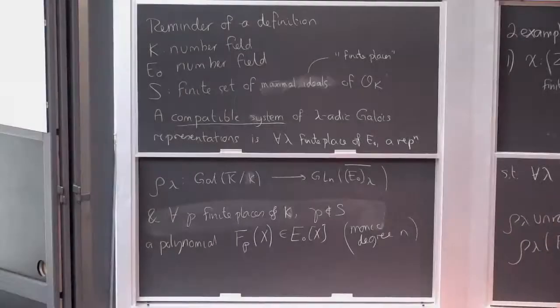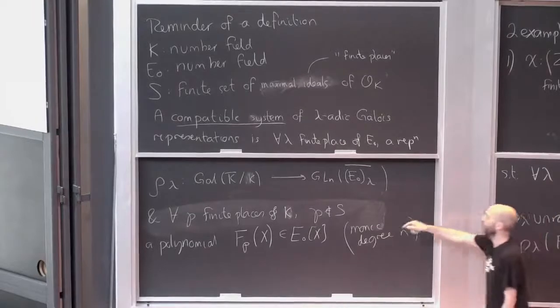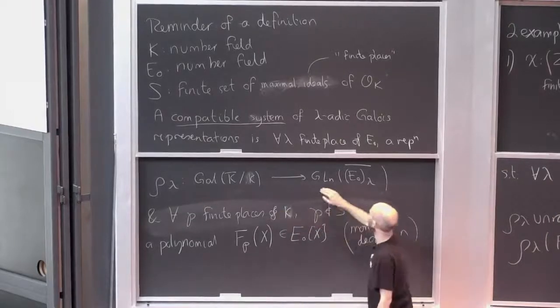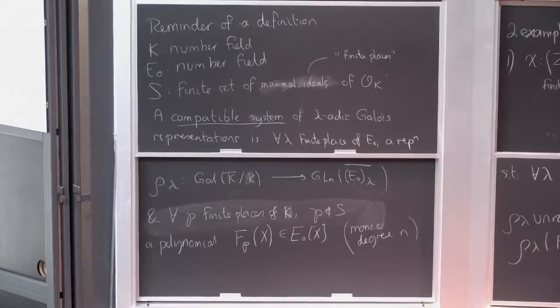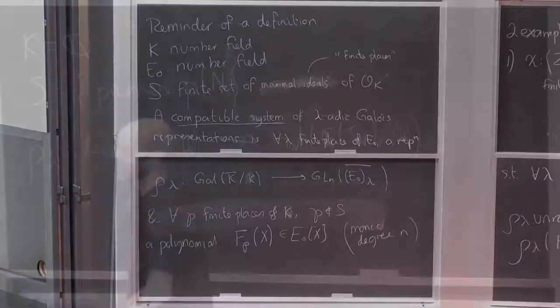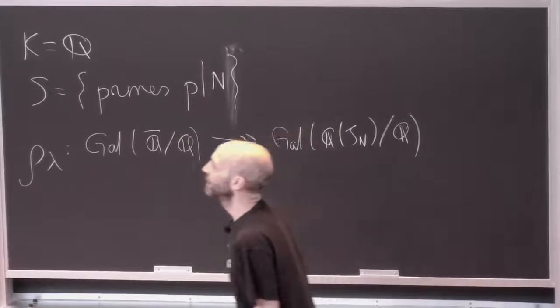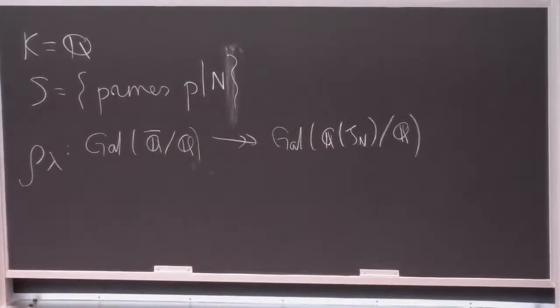And I've tried to be really, really careful in this course to call all my local and global fields whose Galois groups we're considering Ks, and all the number fields Es, because I was just confused when I was younger, especially when I was learning about Hodge-Tate stuff. Like Hodge-Tate theory says something about p-adic Galois representations.